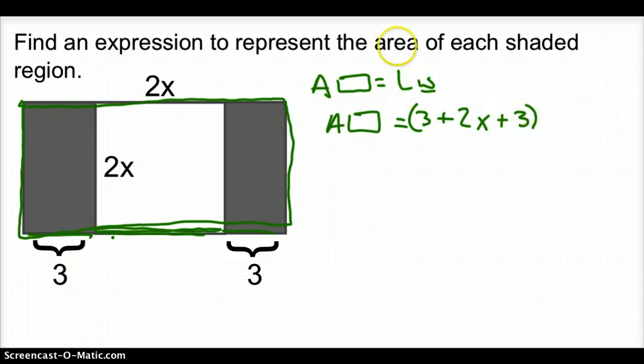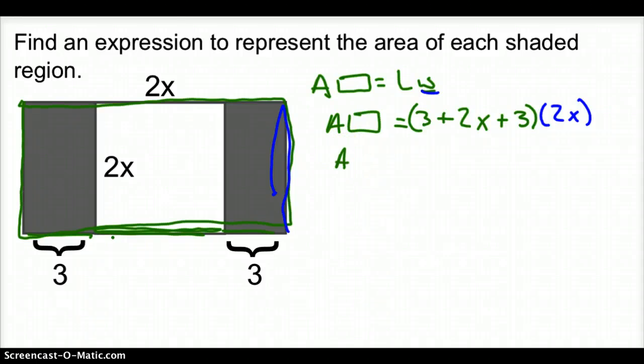Now what's my width? Here to here is what? Well, I don't have a length there. I move over from here to here is 2x. Here has to be the same distance from here because it's a rectangle. So it's going to be times 2x. So now let's simplify before we multiply all this out.